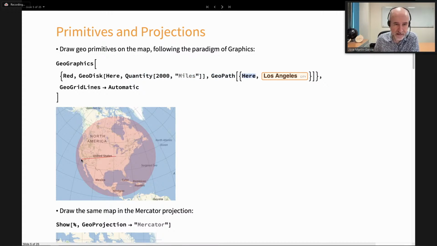So that would be that line. And we are also going to introduce an option saying that we want GeoGridLines. That means the lines of constant longitude and constant latitude. So the meridians and the parallels. So that's our map. And notice how the geodisk looks perfectly round and the geodesic, the GeoPath, looks quite rectilinear, as expected.